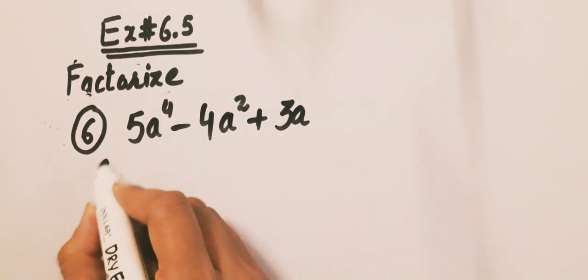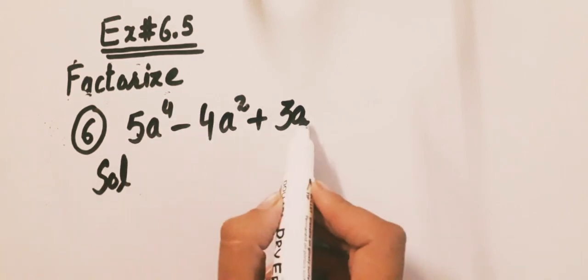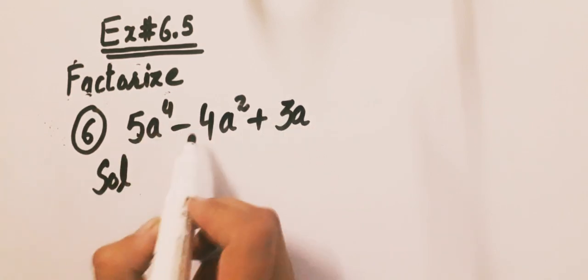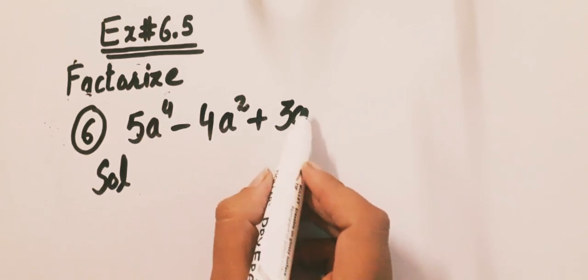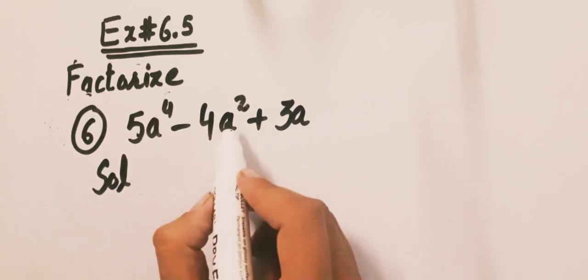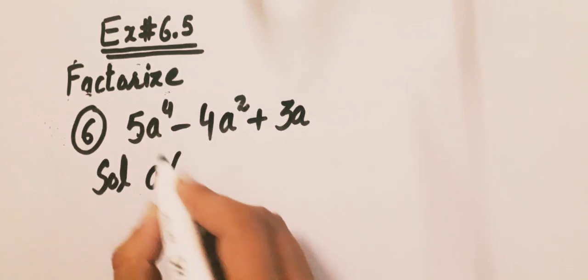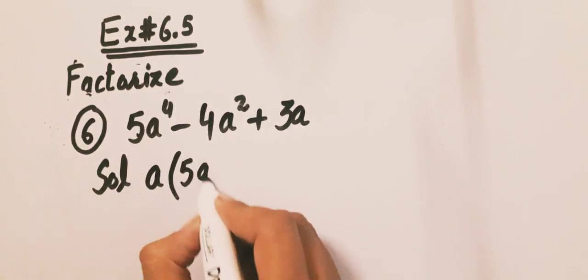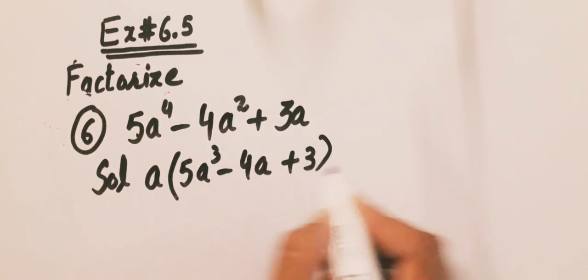Now first of all, you have noticed that 5, 4 and 3, there is no common factor between these three numbers. So a raised to power 1, a raised to power 2, a raised to power 4. So you will take a as common. Remaining is 5a cube minus 4a plus 3. This is the answer.